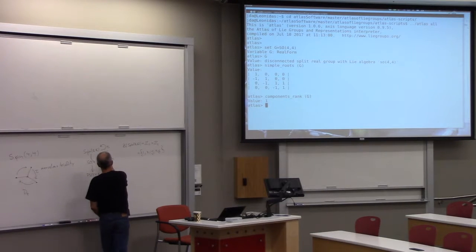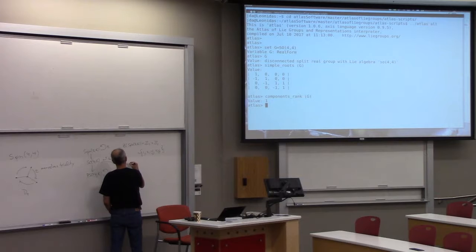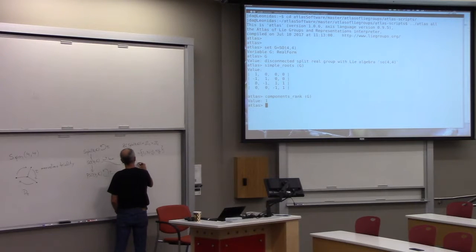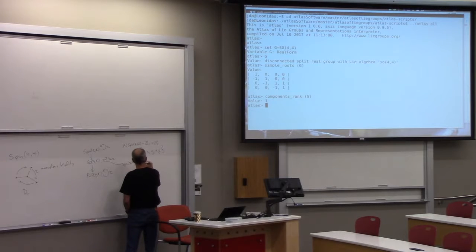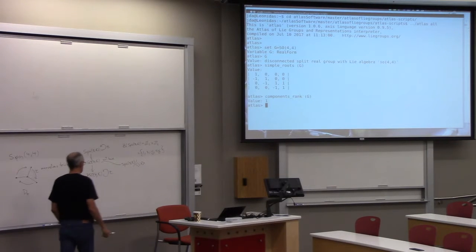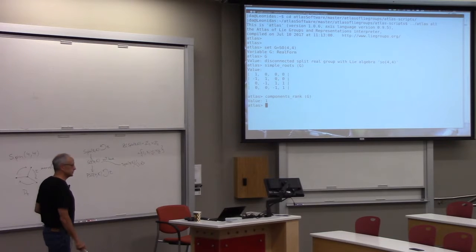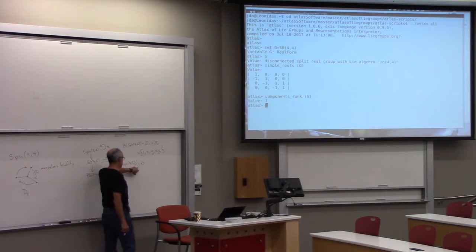But SO8 is spin 8 modulo a subgroup, say Z2, and this Z2 is not preserved by the triality. So it doesn't act here.